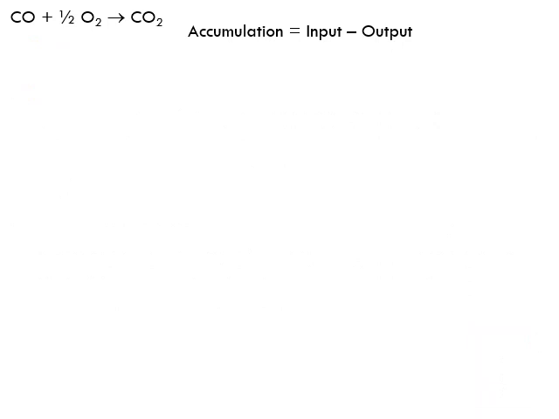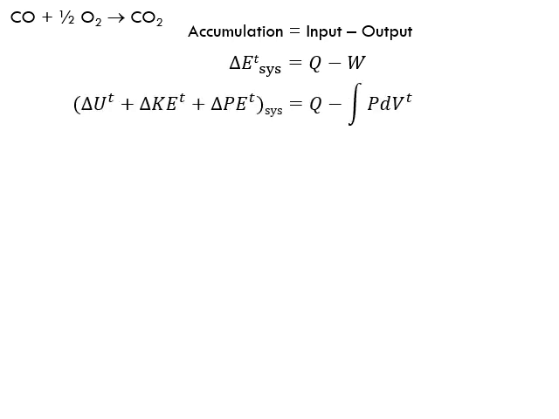Accumulation equal input minus output. Accumulation equals delta E total for the system equals Q minus W. Okay, so let's look at delta E of the system. Of course, delta E consists of delta U plus delta kinetic energy plus delta potential energy. So all of these changes contribute to the change in the energy of the system. What does it equal?